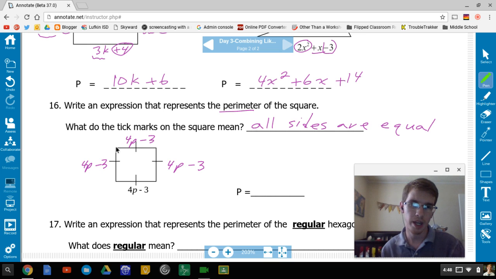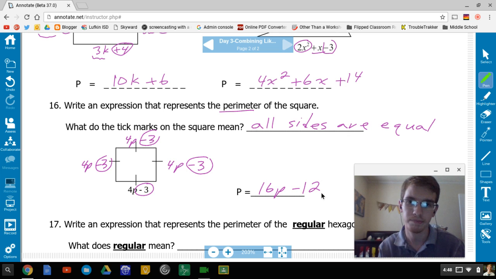So grand total, we have 4, 4, 4, and 4. That is 16p. Minus 3, minus 3, minus 3, and minus 3 should give us a minus 12. So 16p minus 12.